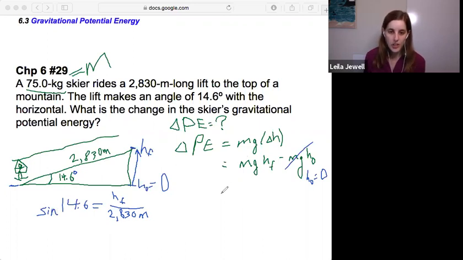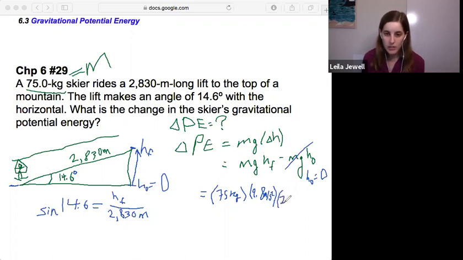So we can get our change in potential energy by calculating the mass, 75 kilograms, dropping the 0.0 just for space's sake, times 9.8 meters per second squared, times this 2,830 meters, and times sine of 14.6.